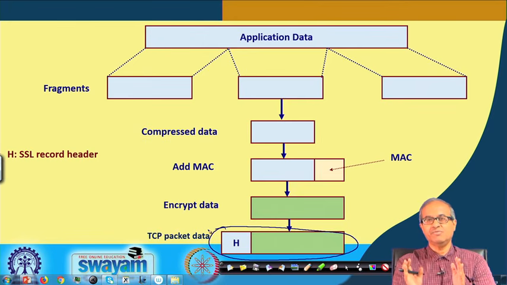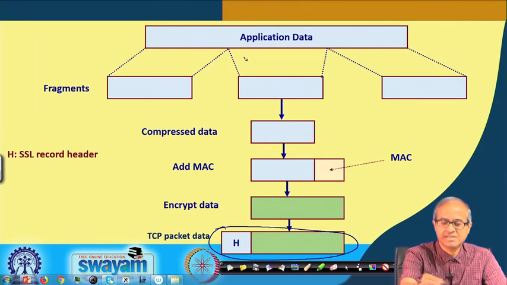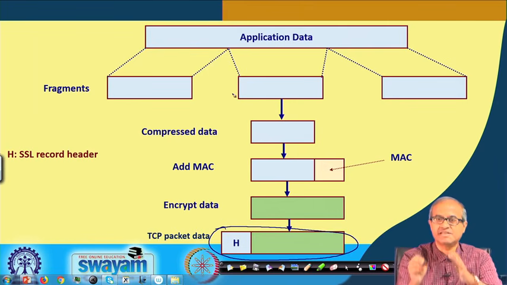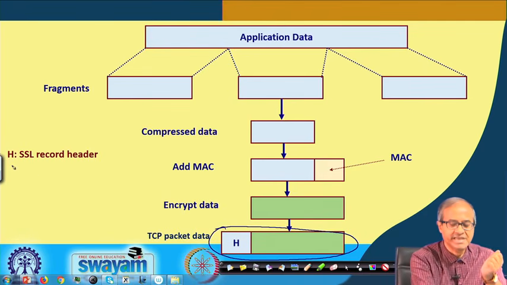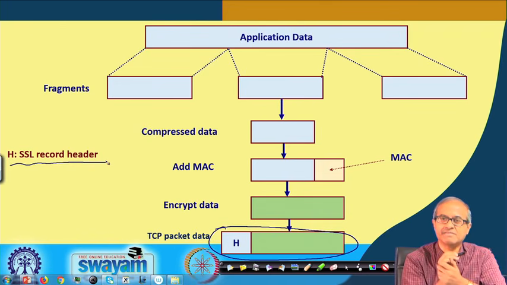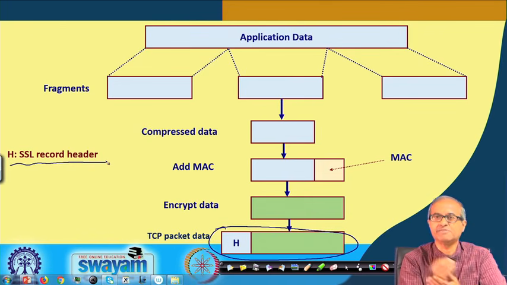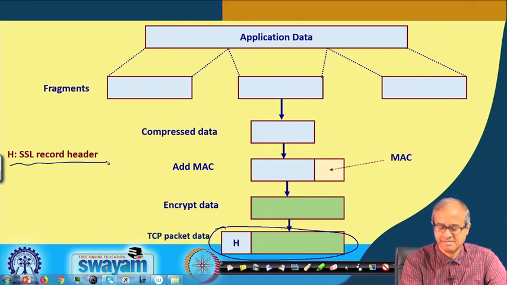This is how the SSL record protocol works. It breaks up larger data into smaller chunks. First it compresses, then adds a message authentication code, encrypts the whole thing, then adds the header, which is the SSL record header. Then it gives it to TCP for delivery.